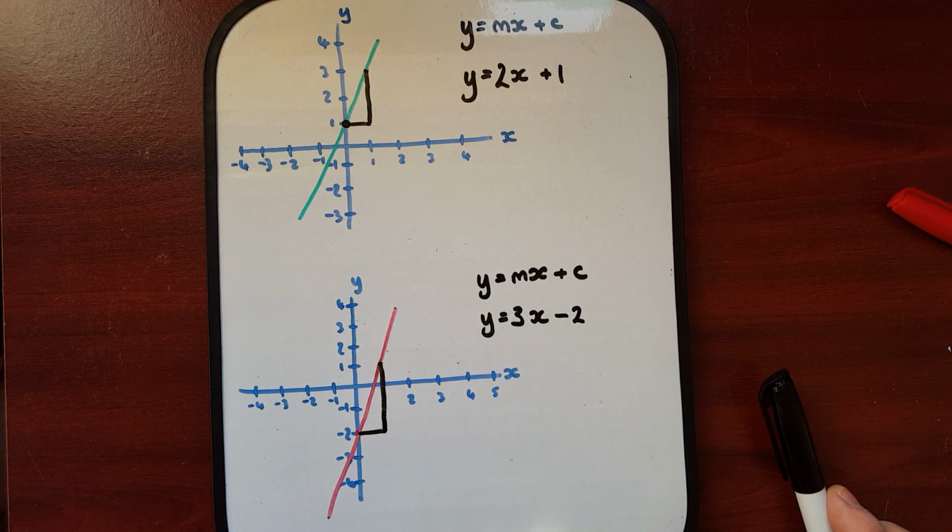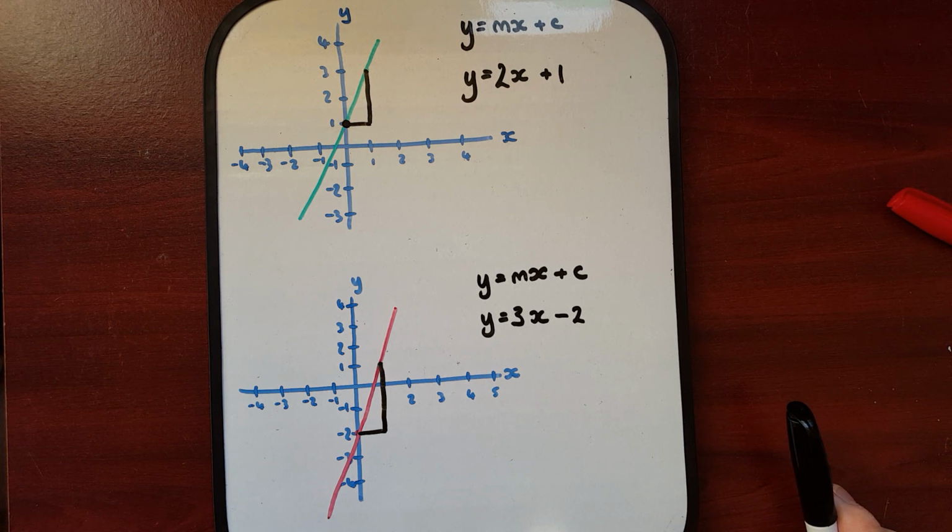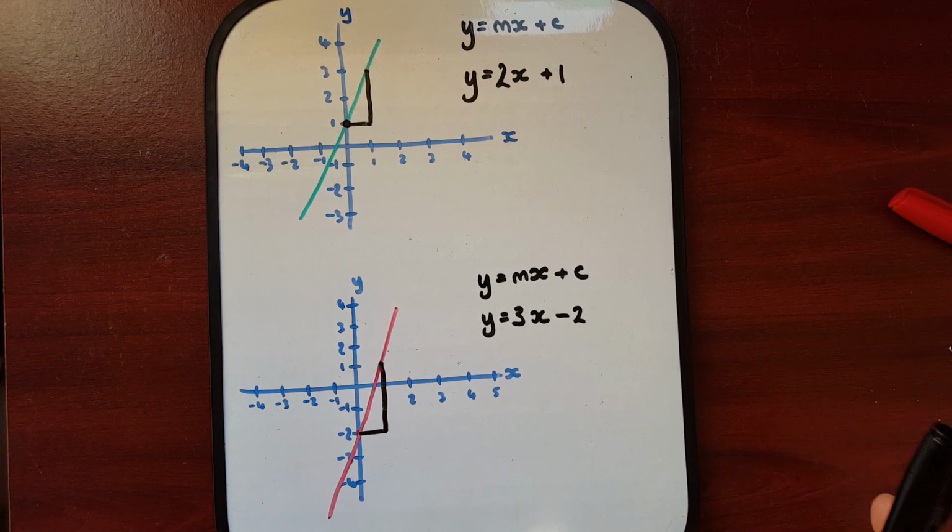Now, there isn't time on this video to do that one. So if you follow on by looking at the next video, which is all about equations of a line, how to draw the graph from the equation, that will help you do that one. I hope this has made sense so far.